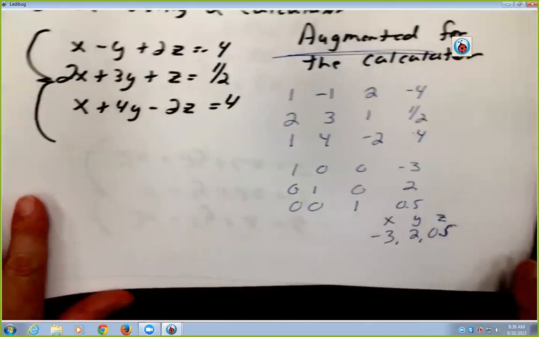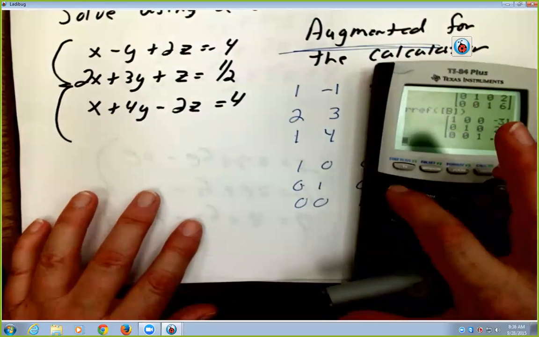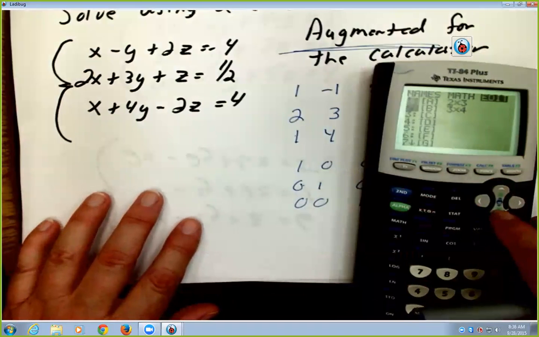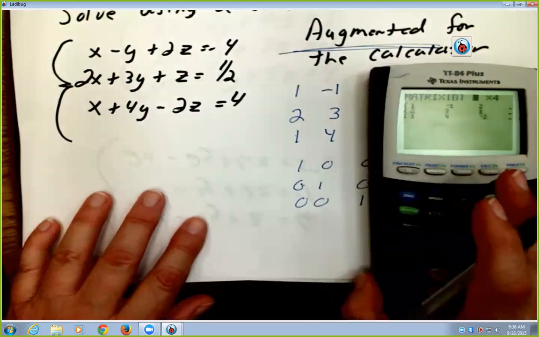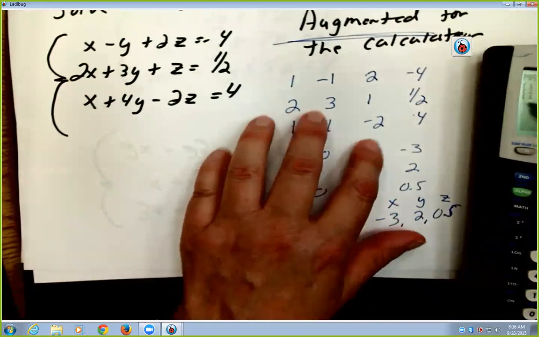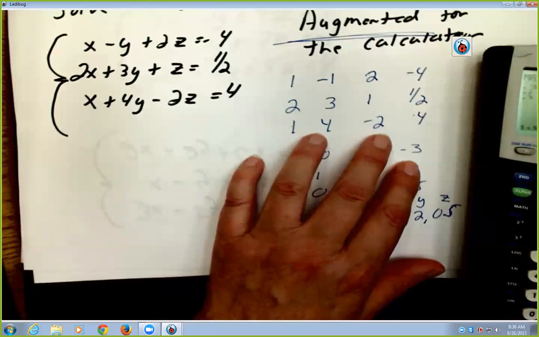Well, maybe I better go back and check my matrix and see if I have what I'm supposed to have in it. Did you check your matrix? All right. I have 1, 2, 1, negative 1, 3, 4, 2, 1, negative 2, negative 4, 0.5, and 4.